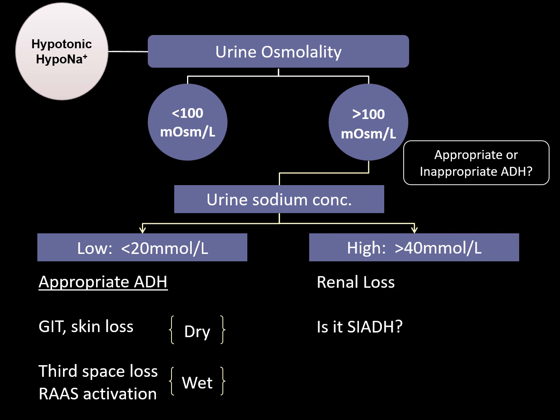However, if the urine sodium is high, more than 40 millimoles per liter, we have to consider the possibility of a renal loss, and we have to consider if it is SIADH, or the syndrome of inappropriate antidiuretic hormone secretion.